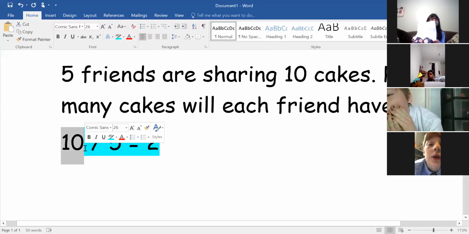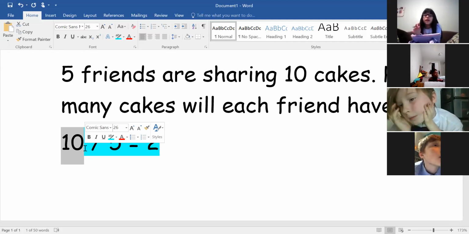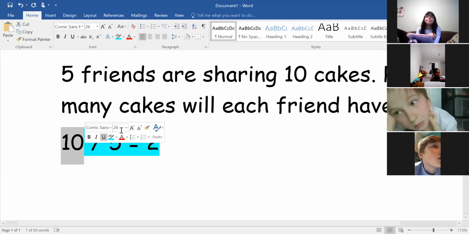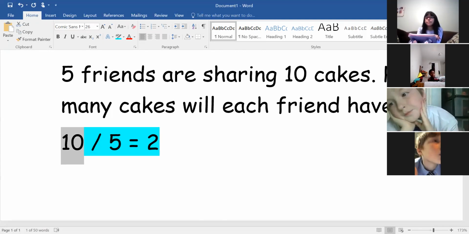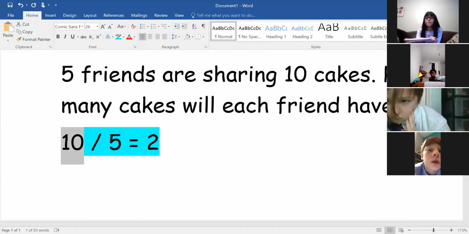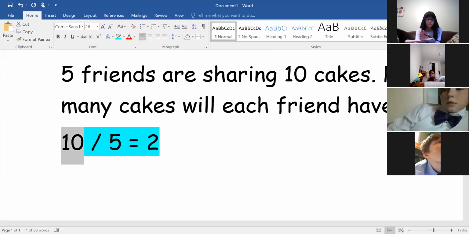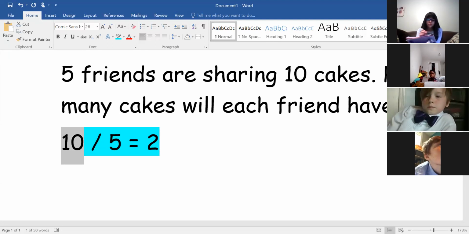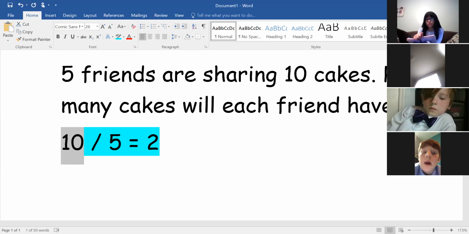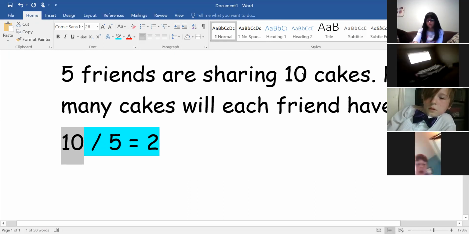Jameer, did we start with the whole, the number at the top of the triangle? It says 10 divided by 5 equals 2. So go back to your triangle with the 10 at the top, and the 10 is the whole. So did we start with the whole of 10?